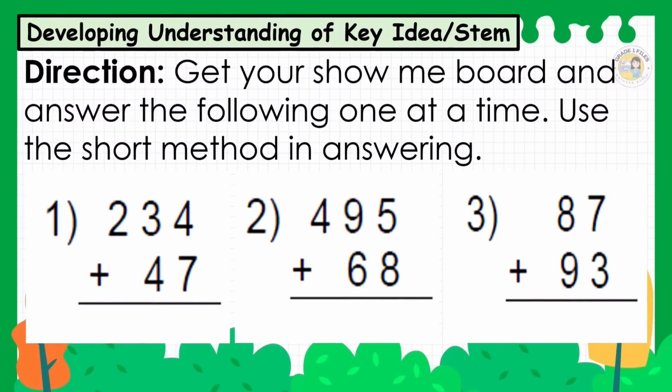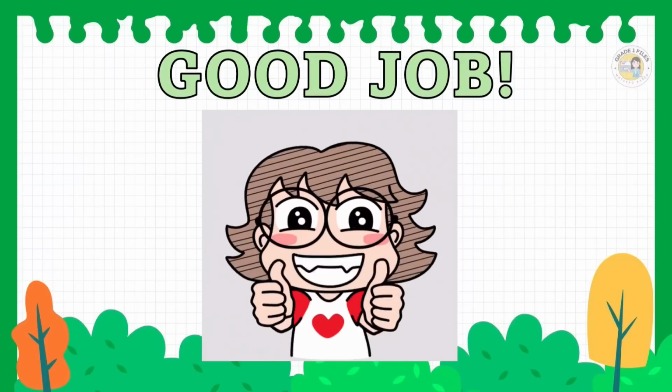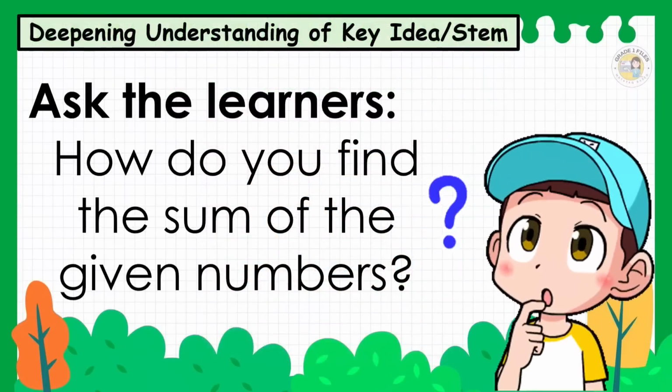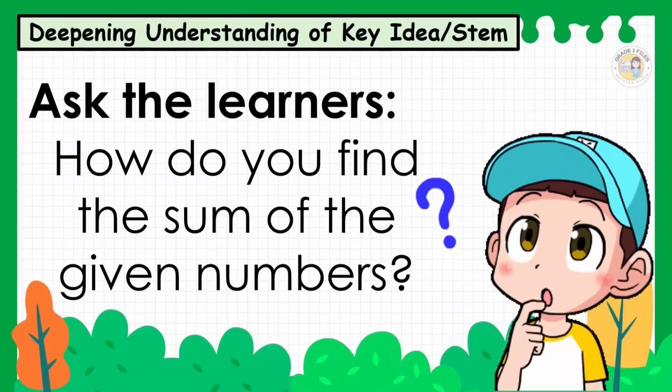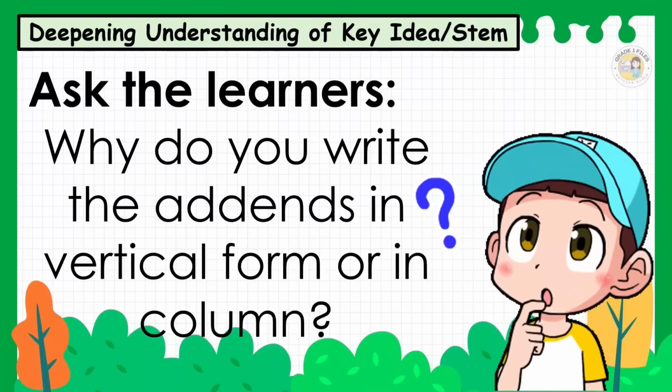Now get your show me board and answer the following one at a time. Use the short method in answering. Students, how do you find the sum of the given numbers? Why do you write the addends in vertical form or in column?